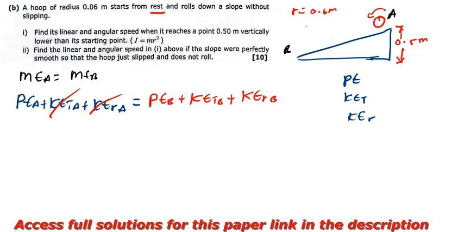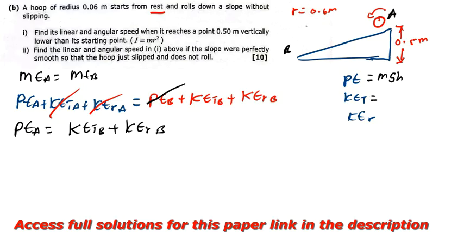Now let's go to point B. When it reaches point B, it was just moving, but the h was zero. Potential energy depends on h, so the potential energy is zero. Now we remain with potential energy at point A being equal to the translational kinetic energy at point B and the rotational kinetic energy at point B. Potential energy is mgh.